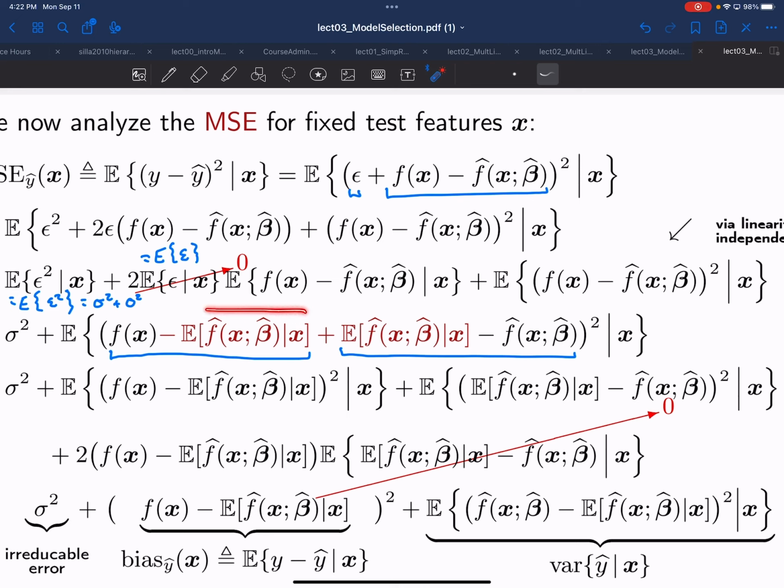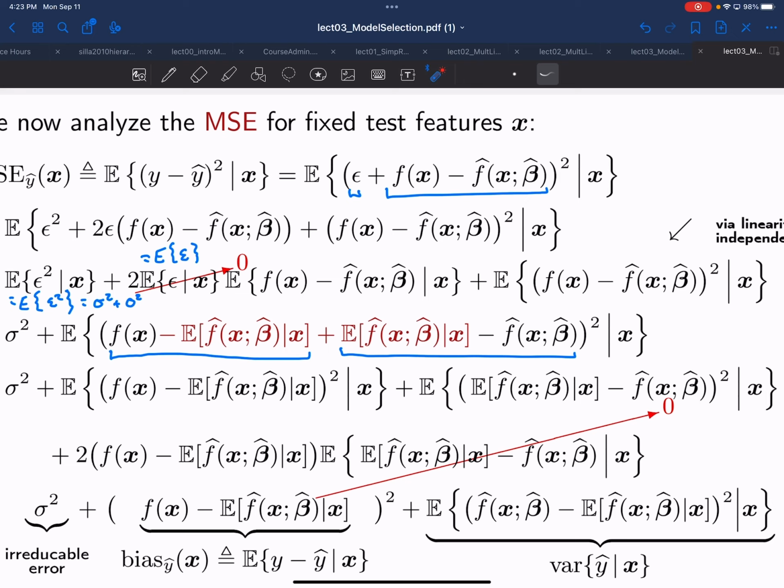Remember, that means that we think of x as deterministic. So when you look at the first term, is there any randomness in this term? How many people think there's some randomness there? Okay, so if this expectation was not there, yes, this would be random. But we're basically taking the expectation of this quantity given x. So when I take the expectation, it removes all the randomness except for x.